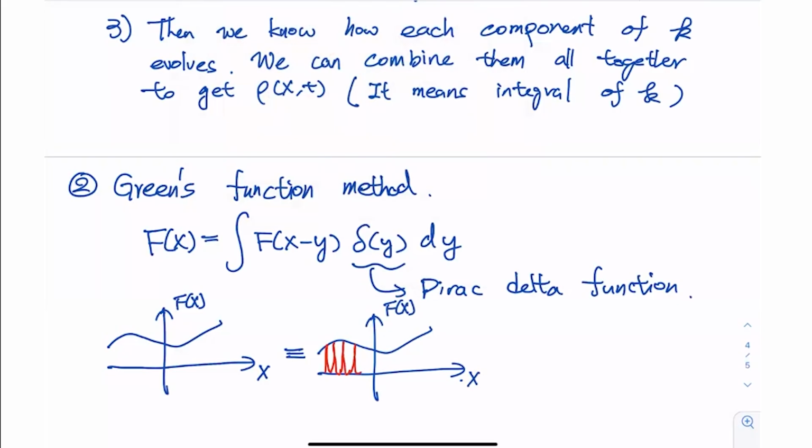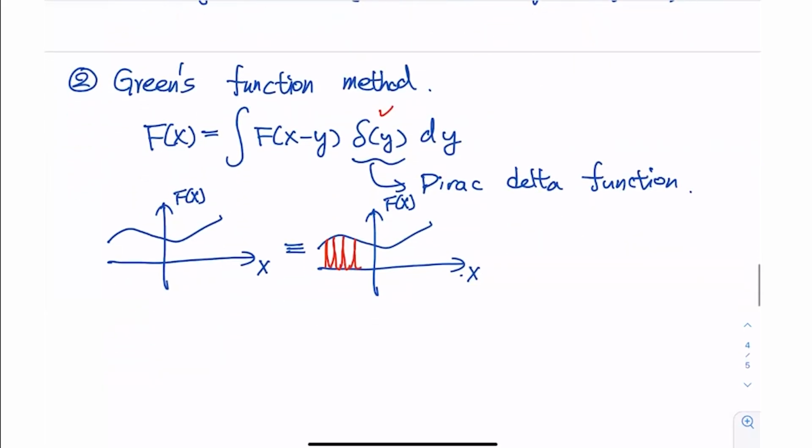Okay. So if we know this exists, that we can decompose an arbitrary function using the delta function, then maybe we can try to think in another way. If we have this expression, and if we know how a delta function evolves as a function of time under the diffusion equation, then it will be very useful for us to understand the physics behind. Okay, so we try to ask another question.